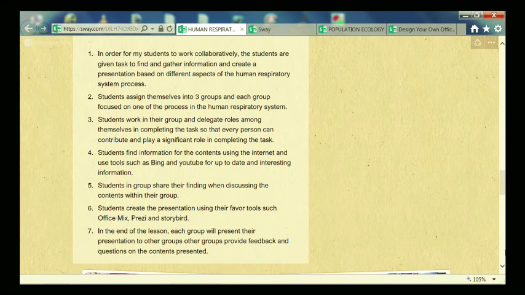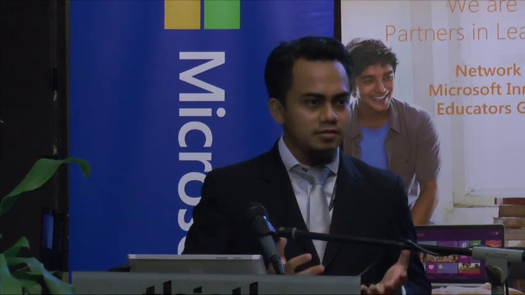So there will be a leader, a note taker, a researcher, okay? After delegating, this will make each student play a significant role in contributing to the group activity. And then the students will search for the information through the internet, okay?